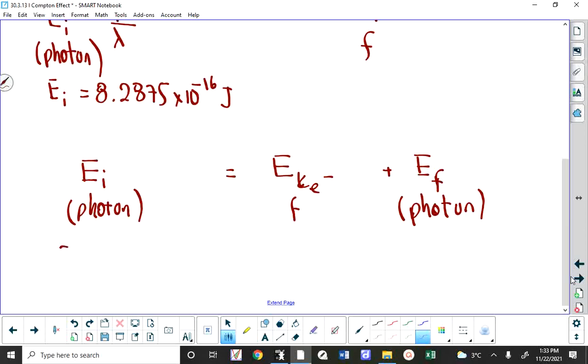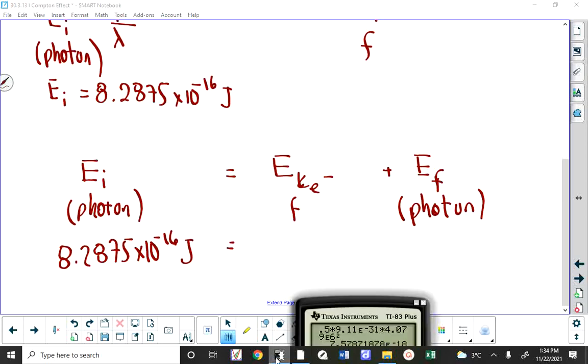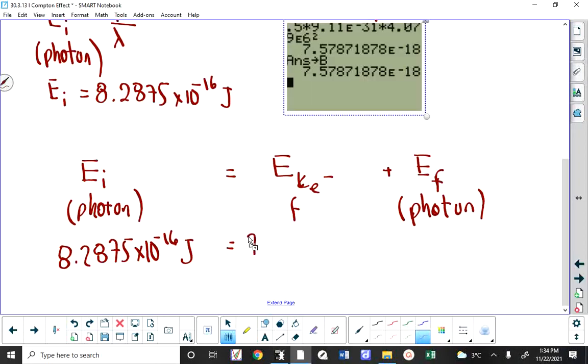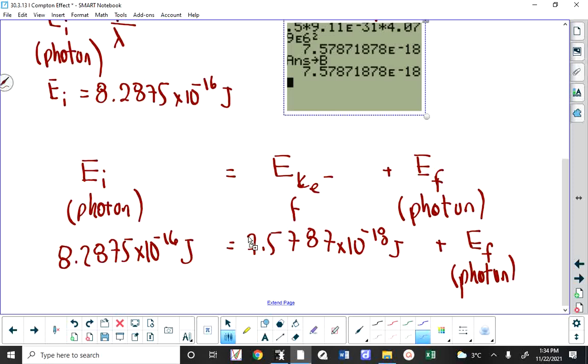We've got this 8.2875 times 10 to the negative 16 joules is going to be equal to 7.5787 times 10 to the negative 18 joules plus the energy of the photon afterwards. So we should be able to calculate the energy that the photon has afterwards. Once we know that, we can figure out what the wavelength is.